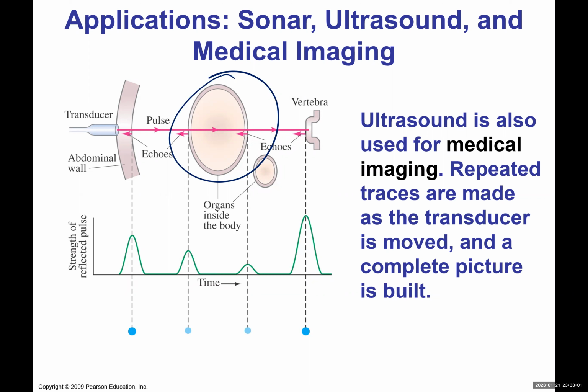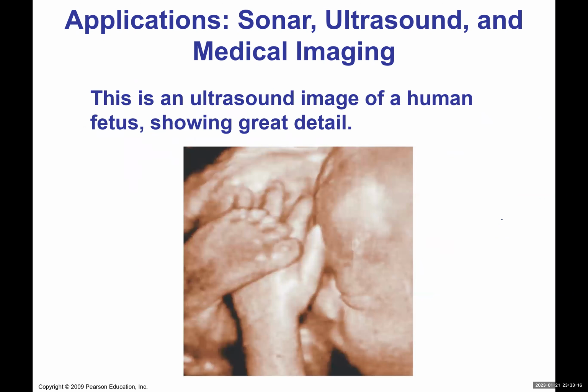For example, X-rays can be rather dangerous, so you don't want to do X-rays every day. But ultrasound is rather safe, and most of the time it is used to provide an image of a fetus. Here's a picture where ultrasound was used to provide an image of a baby, and you get rather amazing detailed images out of the ultrasound.